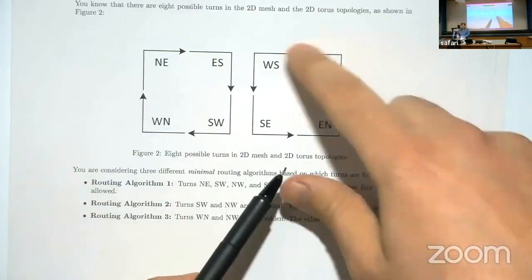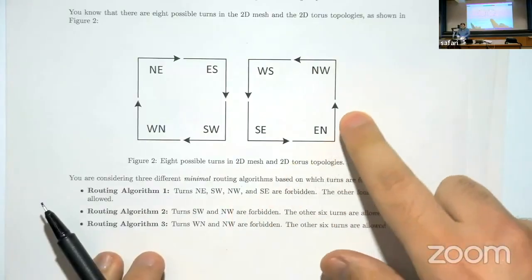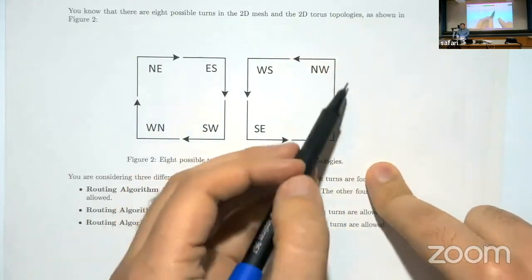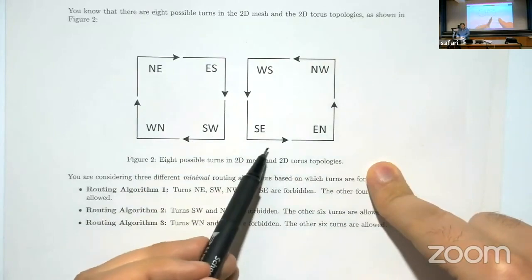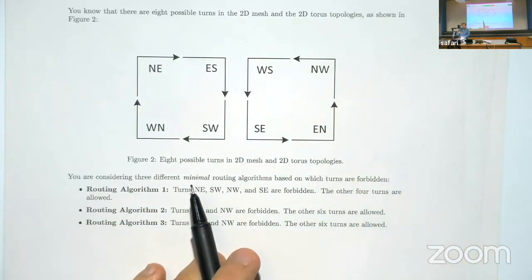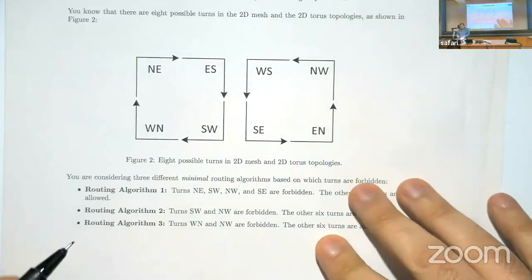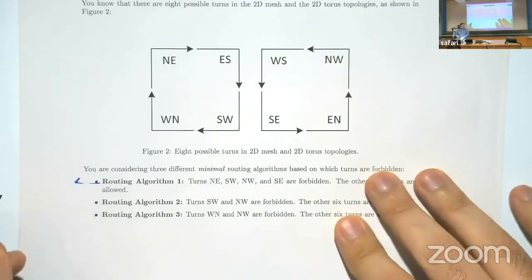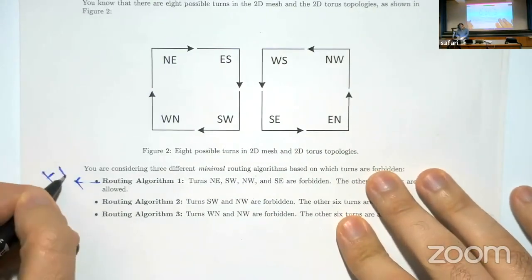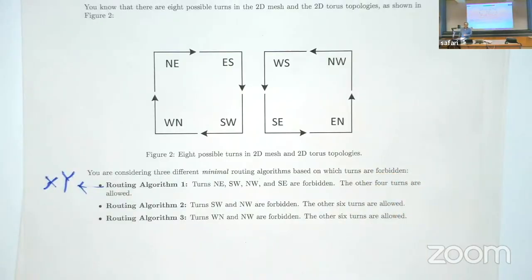Also for the counterclockwise turns, when we don't have north-west and south-east, it is impossible that we go in the Y direction and then take X. Which means that this routing algorithm is simply XY routing or dimension order routing.